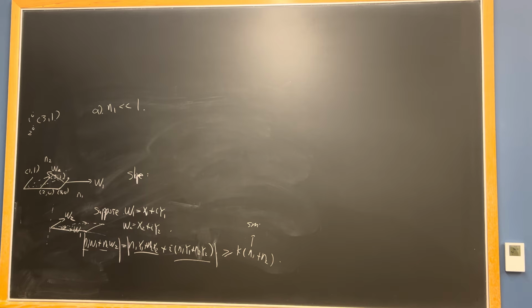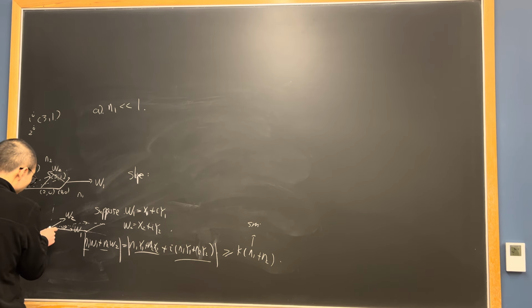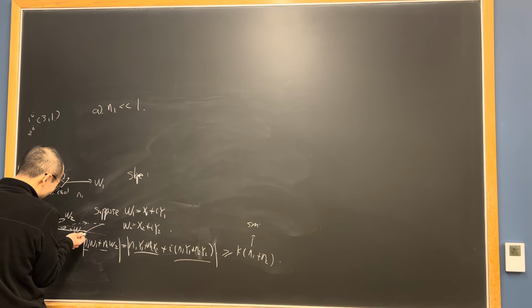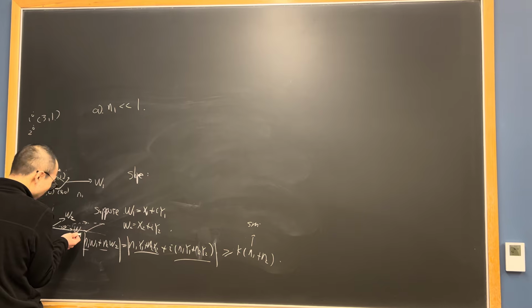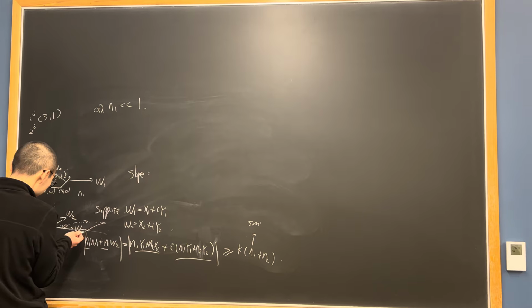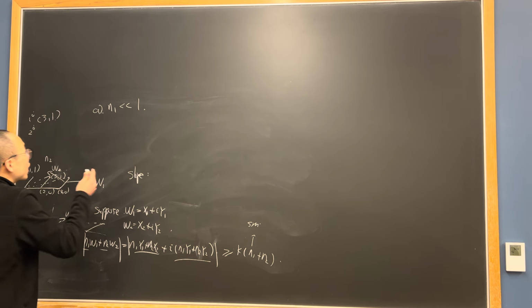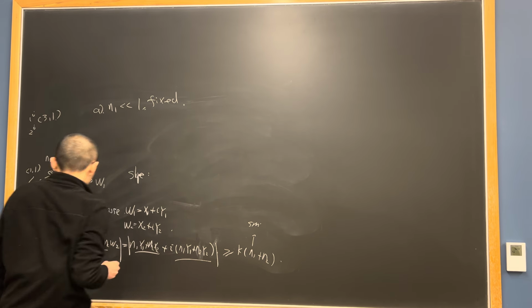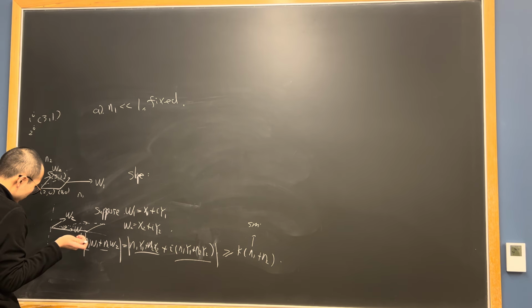So if you have n1 small, then you increase the n2, namely you just increase in this direction.